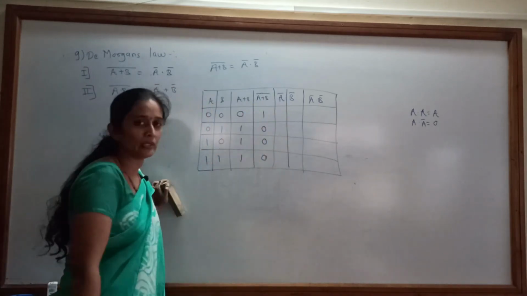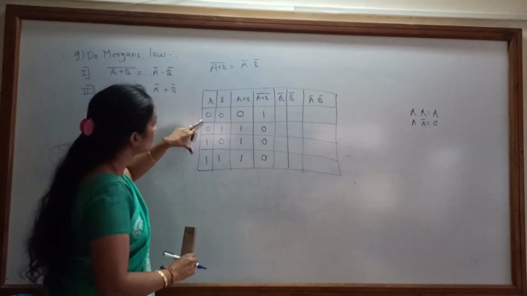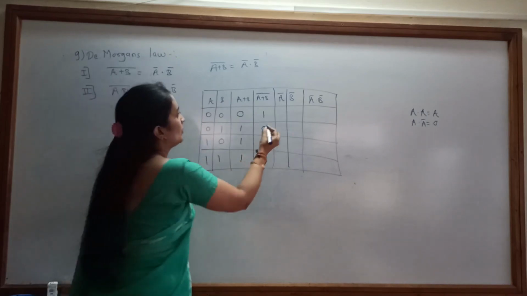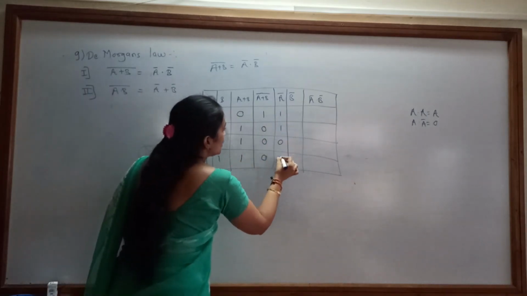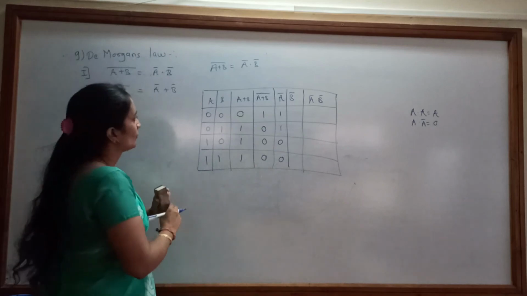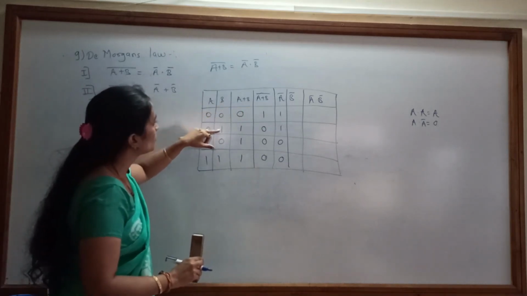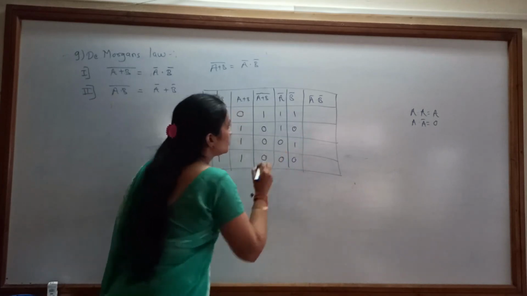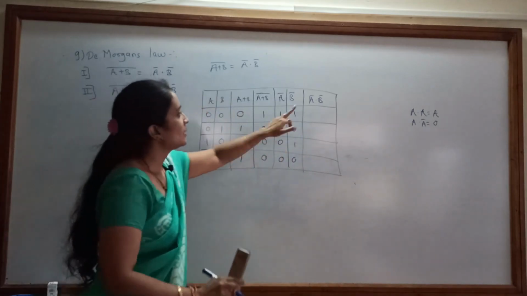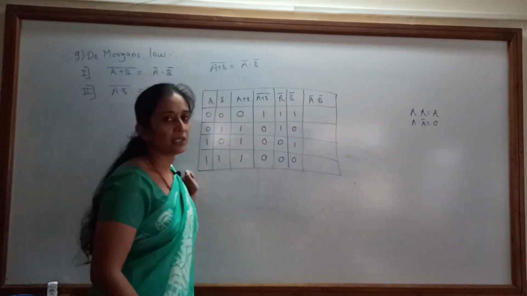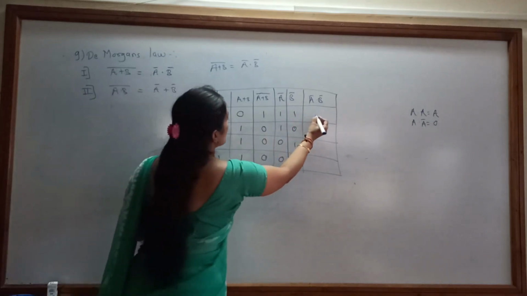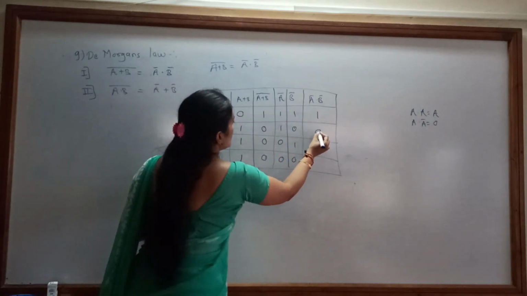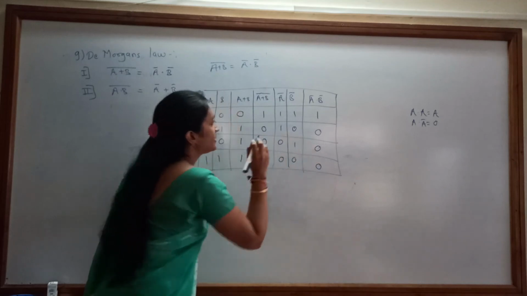Next is A complement. What is A? 0, 0, 1, 1. Complement will be 1, 1, 0, 0. Complement of B: 0, 1, 0, 1 becomes 1, 0, 1, 0. Multiplication of A complement, B complement. We will get here value 1, 0, 0, 0.